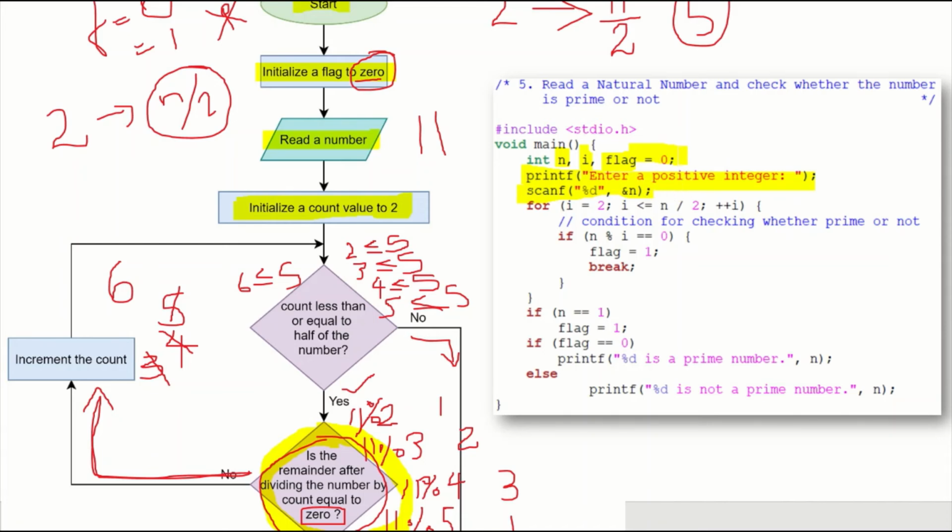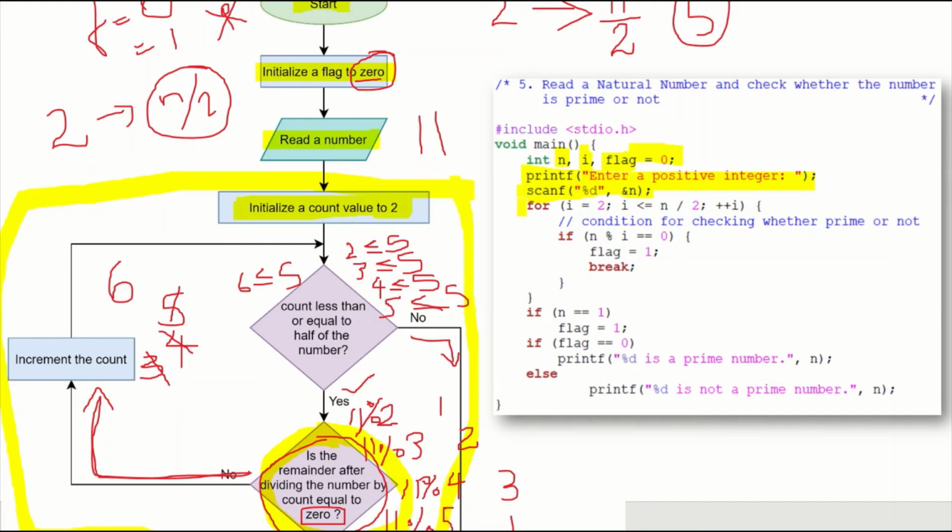So we have the number in n, and in a for loop we can actually implement these operations. These checks are performed with the help of a for loop.